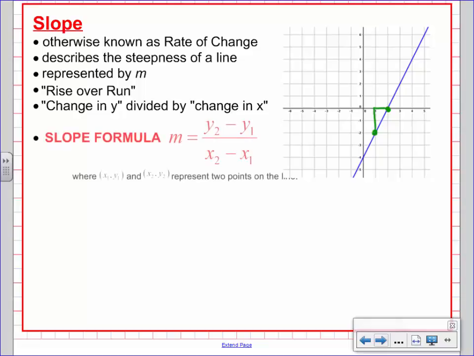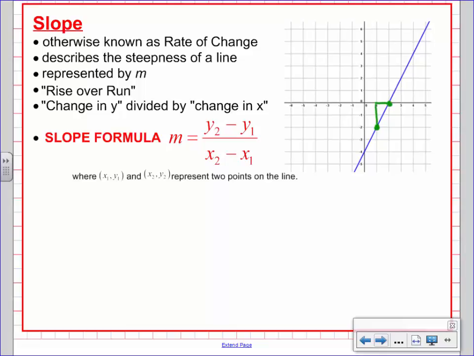And the slope formula is m equals y2 minus y1 over x2 minus x1, where x1 and y1 are a point, and x2 and y2 are a point on the line. But we can use this formula every time to find our slope without having to graph.